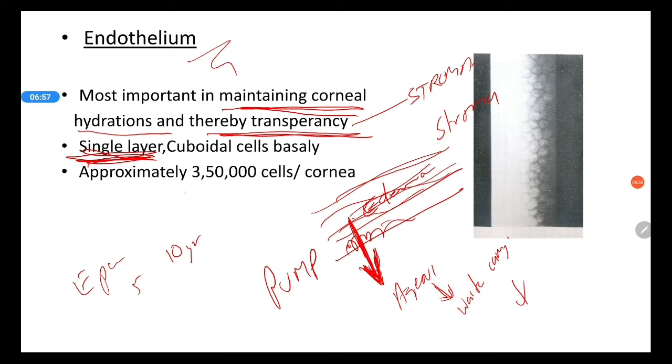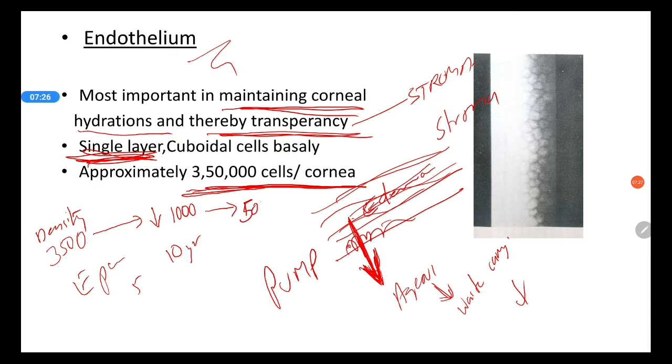In normal individuals there are around 350,000 cells per cornea, or we can say that the density of endothelium is 3,500, which is normal, and as age progresses it decreases to 1,000. In very old individuals the density comes to 500.